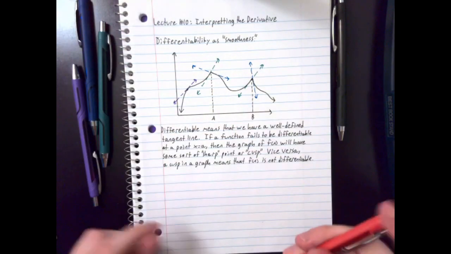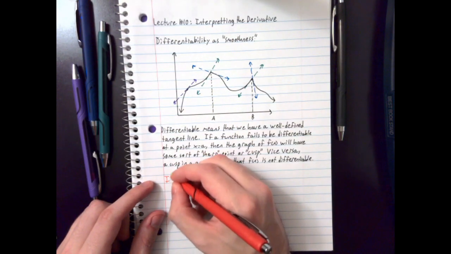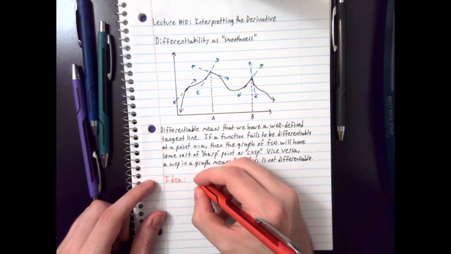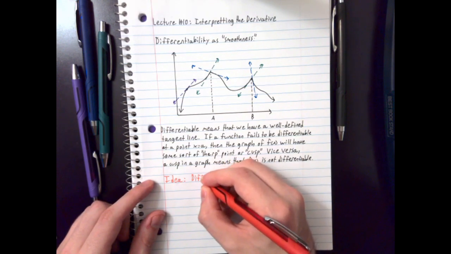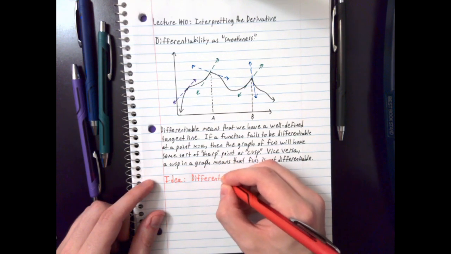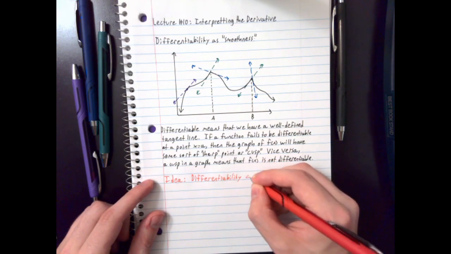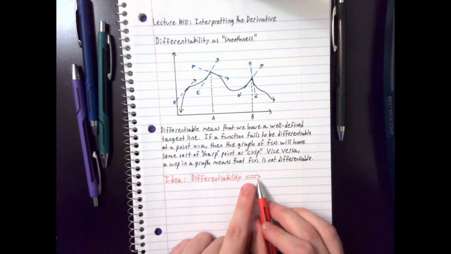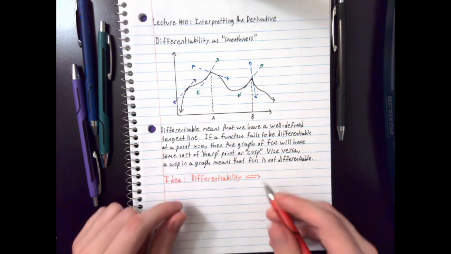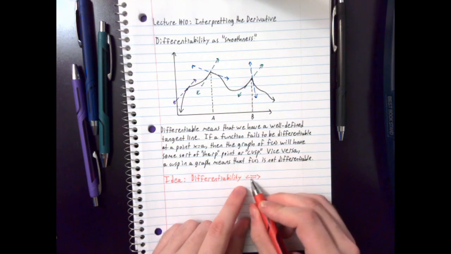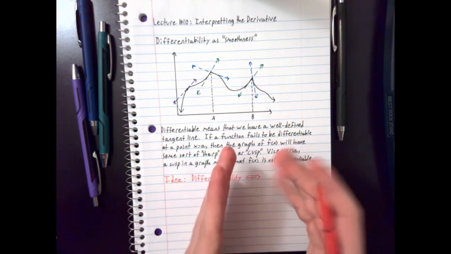So the idea is that differentiability is some measure. This is an if and only if, or an equivalency, so it's supposed to be an arrow with two little lines in between it, a double-sided arrow.